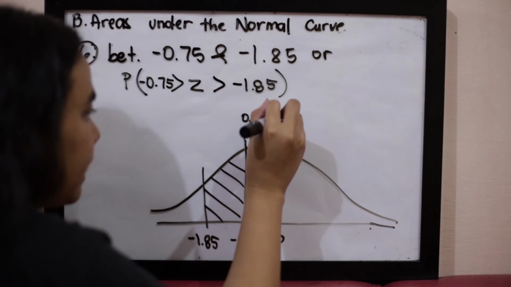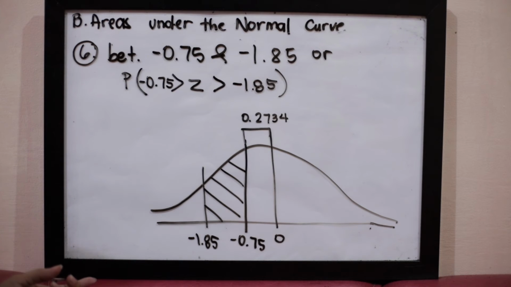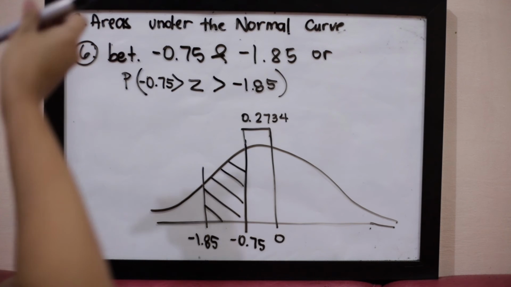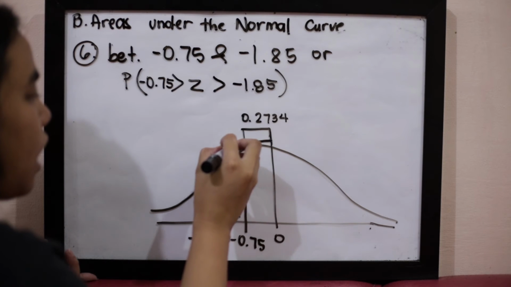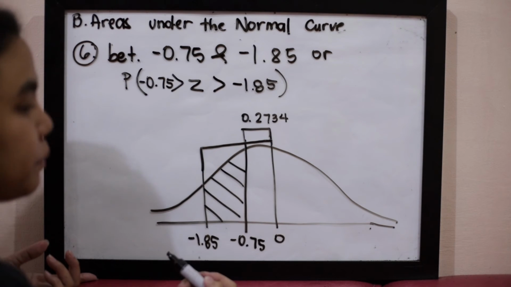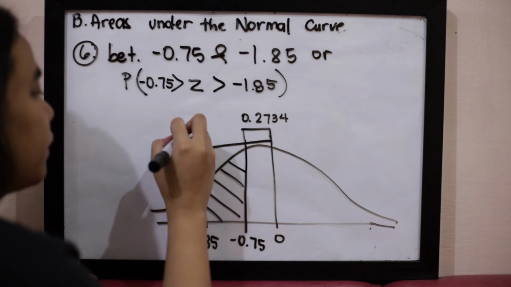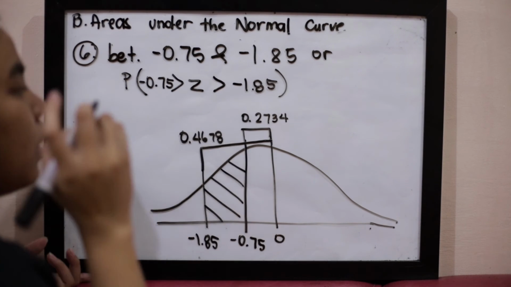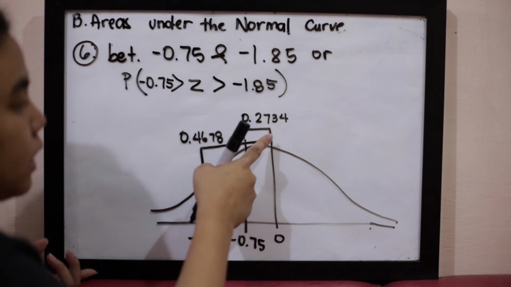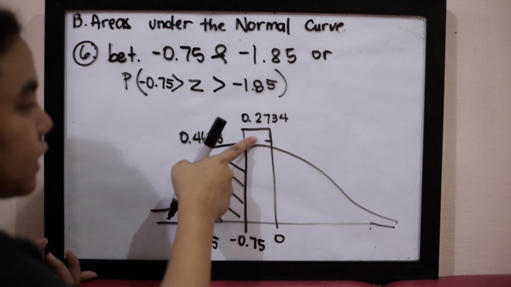You disregard the negative sign. Same with 1.85: 1.8 and then 0.05. You get the intersection. From here up to negative 1.85, that is 0.4678.